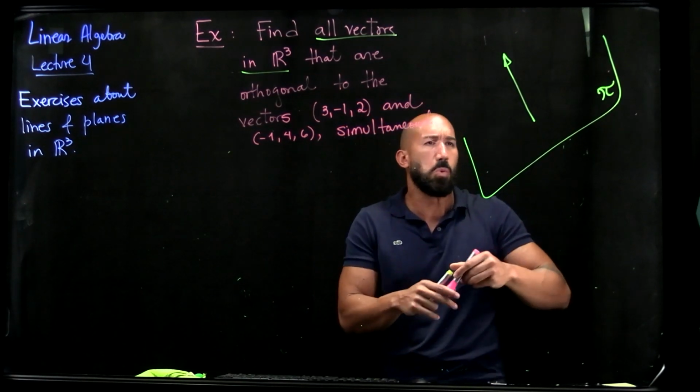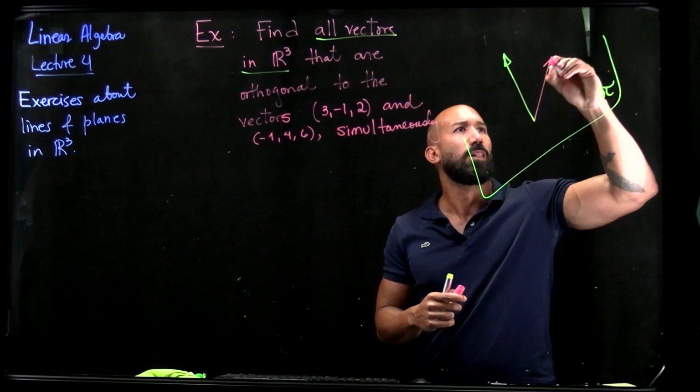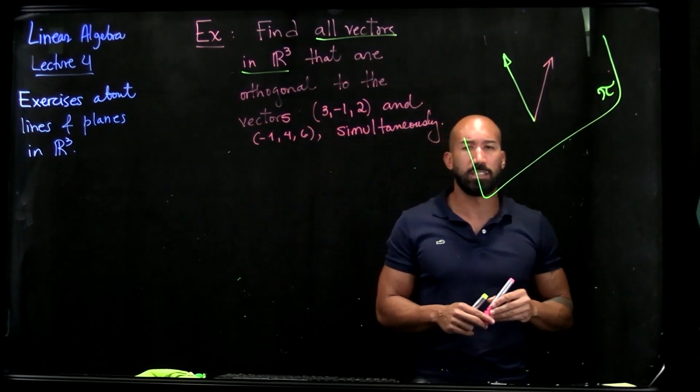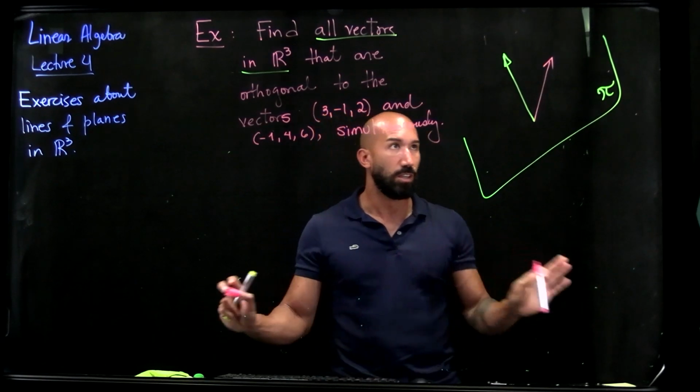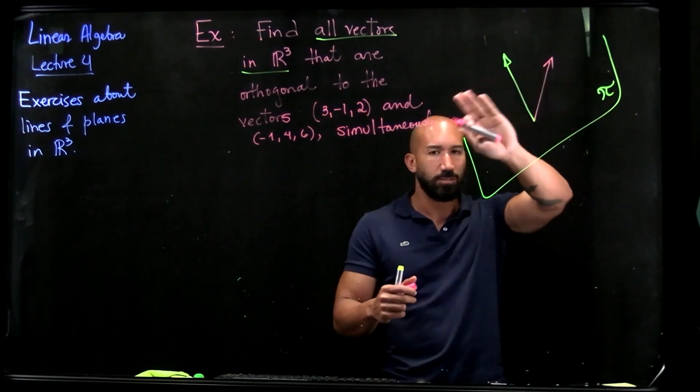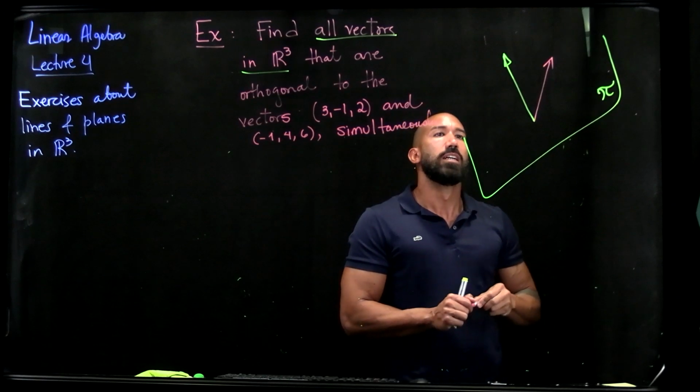But if I take the second one, which I will represent it this way, so I'm not using the specific components of these vectors whatsoever, I'm just passing an intuitive idea.